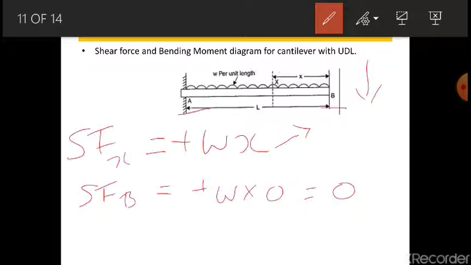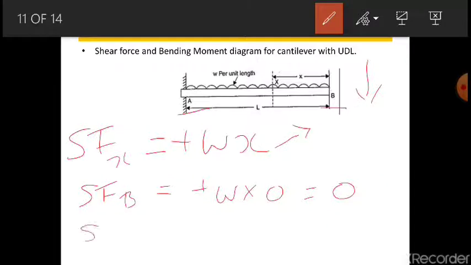Why 0? It is at the free end. If we take B as a reference point and we are calculating the shear force at that instant only, there might be some load at that B point, but the distance you have to multiply will be 0, because we are calculating the shear force at point B, and it is the starting point of your beam. So you don't have any distance. Distance is 0, so the value will be 0.